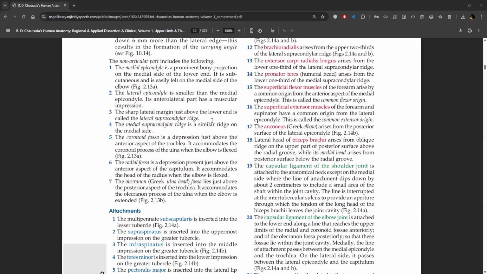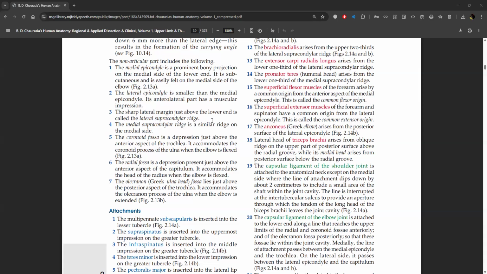The lateral epicondyle is smaller than the medial epicondyle. Its anterior lateral part has a muscular impression. Number 3. The sharp lateral margin just above the lower end is called the lateral supracondylar ridge. Number 4. The medial supracondylar ridge is a similar ridge on the medial side.